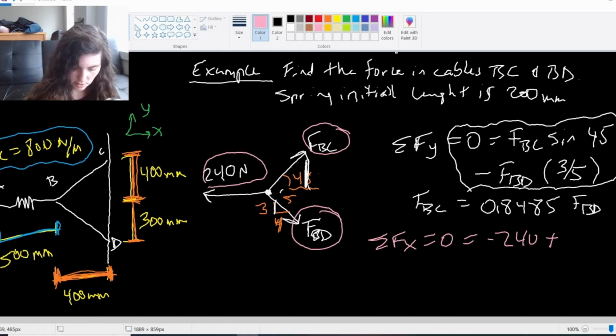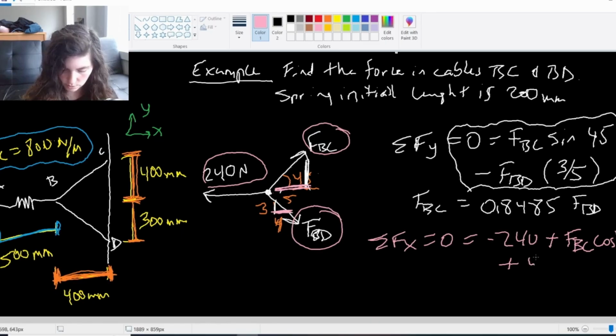Plus cosine 45 times FBC, FBC cosine 45. Plus our x direction is the 4/5 ratio, 4/5 FBD.